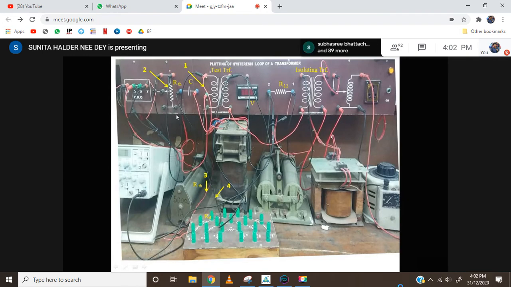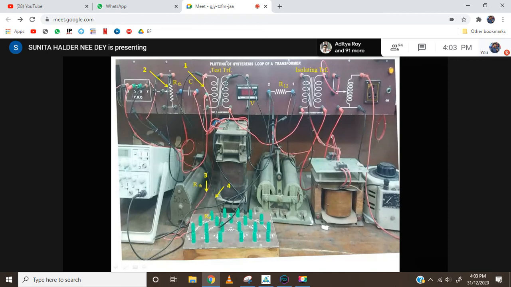From here one terminal comes here. Where I have marked 2, it is connected to the capacitor. Then from the capacitor it is connected to the rheostat. From the rheostat this red wire is connected here, and from here through this black wire it is connected back to the circuit. It is very difficult to understand from here, but if you see the PPT and trace the lines, you can understand.